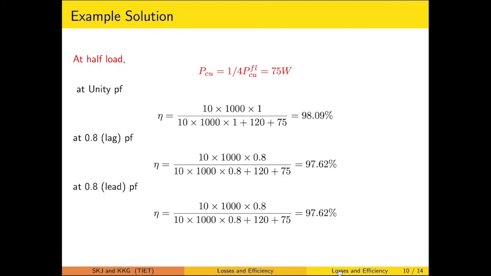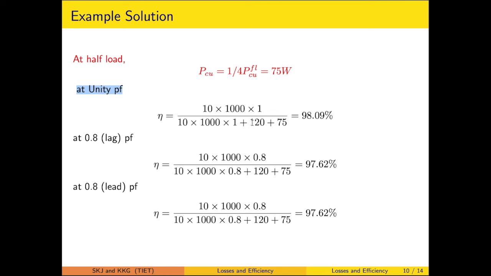So at half load, the copper losses will be one fourth, because the copper losses are the I square R losses. At half load, the current will be 50% or half of the rated full load current. So that gives you 75 watt. Similarly, the efficiency is calculated at unity power factor.